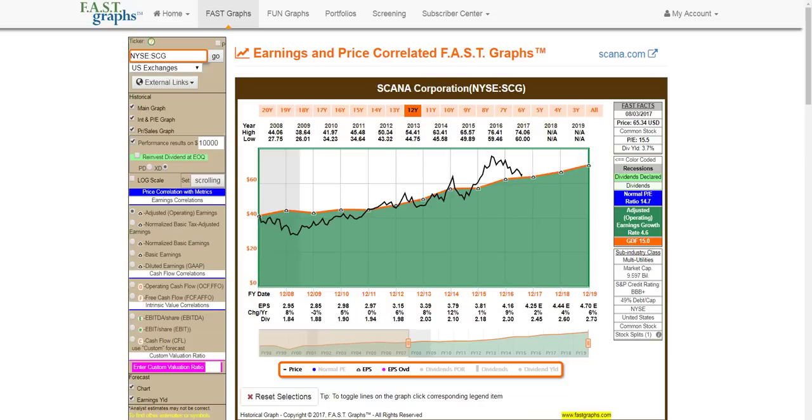Now next I'm going to change the time frame, starting at the beginning of the 2008 recession, where SCANA was available at a PE ratio of approximately 15.4, which is almost identical to its current PE ratio of 15.5. Now there are obvious periods of undervaluation and overvaluation.